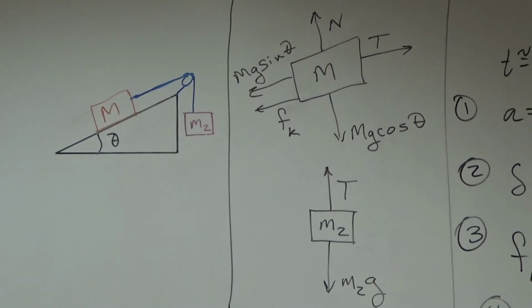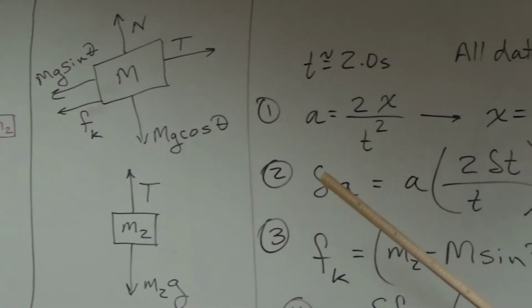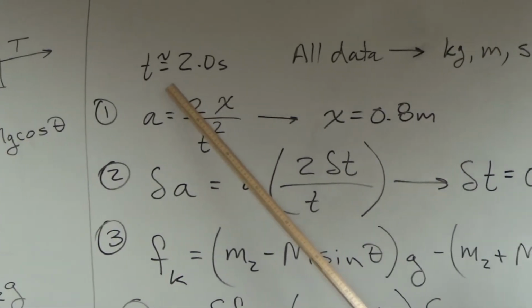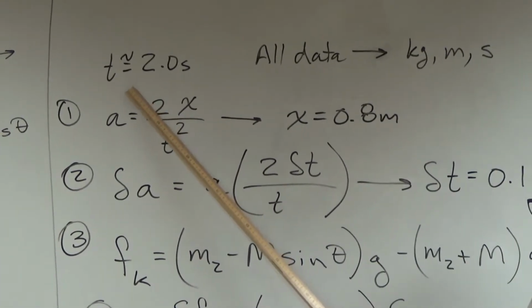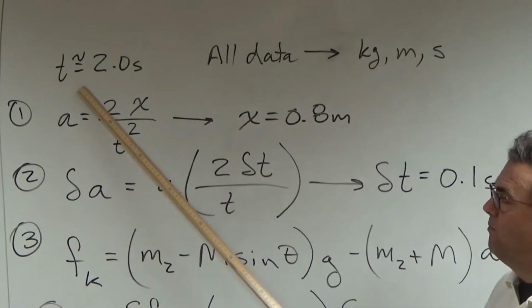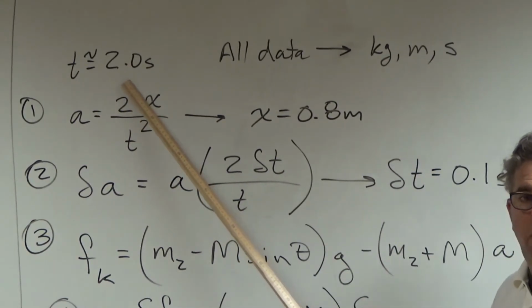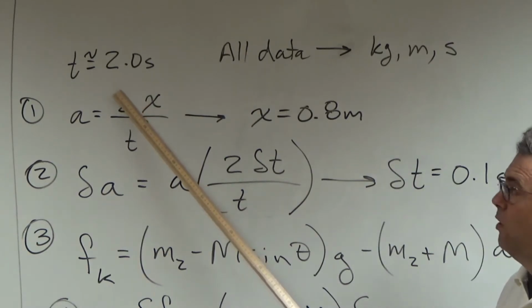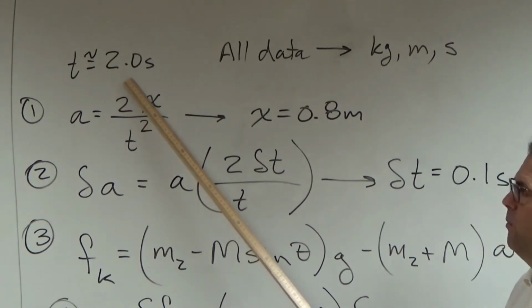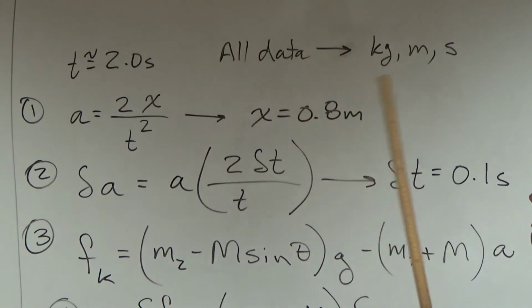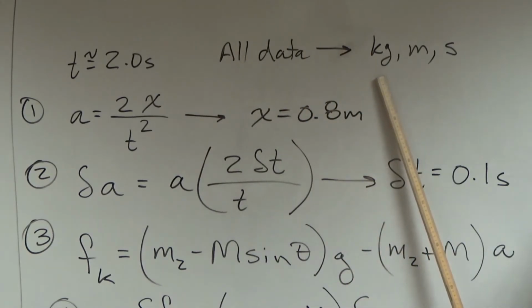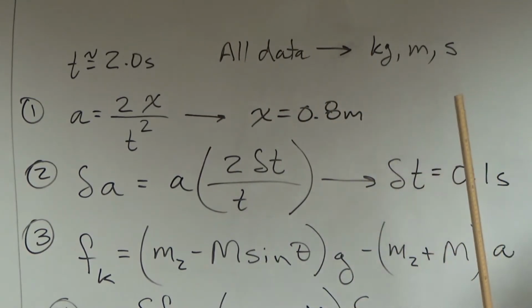Like I talked about in the experimental setup, you're going to have a t value. I may send you just an average time that's going to be around 2 seconds. It'll probably be a little bit less than 2 seconds, but somewhere right around 2 seconds. Make sure all of your data is in kilograms, meters, and seconds.